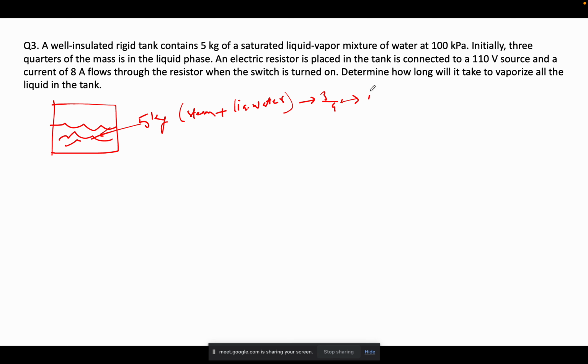Then after that, they connected an electric source, which has a voltage of 110 and a current of 8 ampere was flowing. And you have to determine for how much time it will flow, so that whatever liquid was there became totally vapor. Okay, so you have to calculate that now. Okay, so let us start.